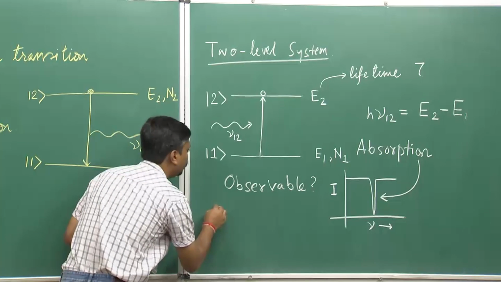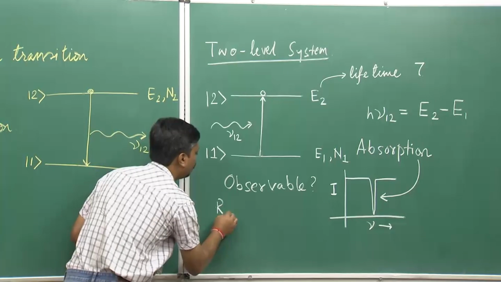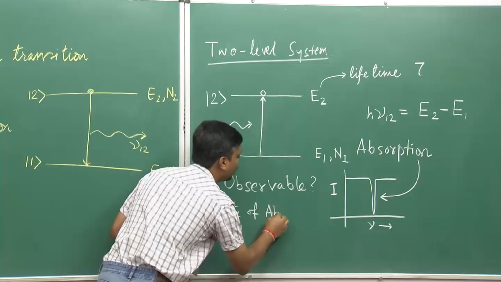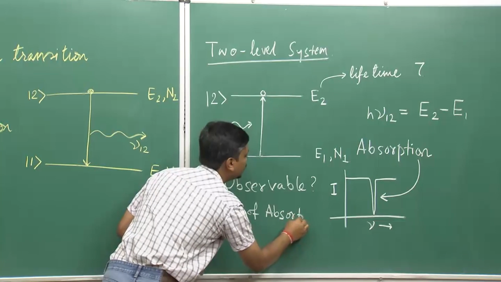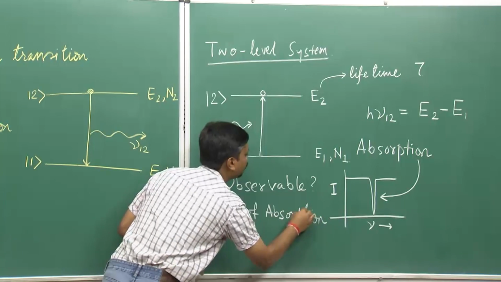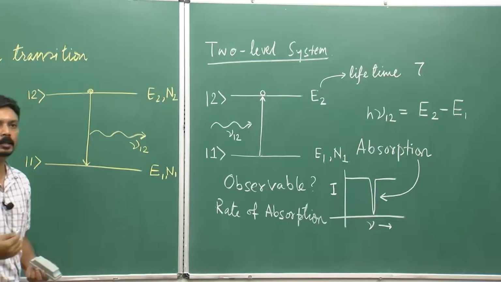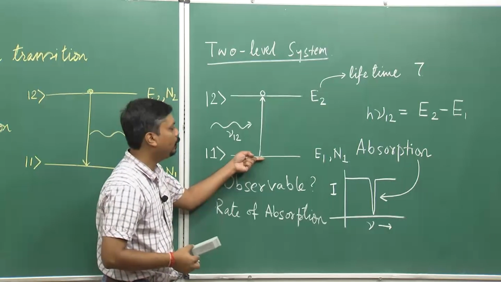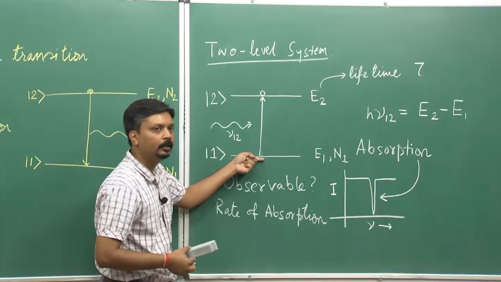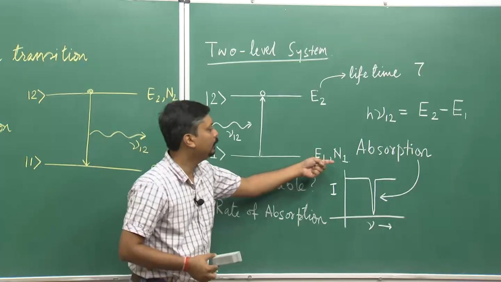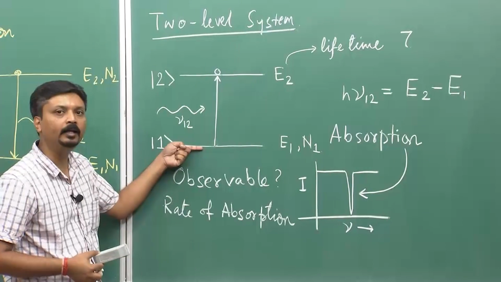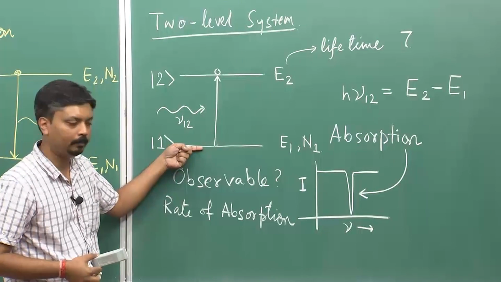Now, the rate of absorption, let us consider that first. What is the rate of absorption? I can understand the rate of absorption by noticing the rate at which the number of atoms residing in state 1 deplete with time.